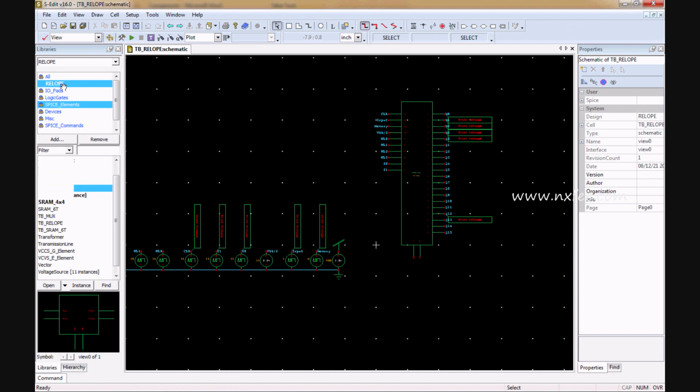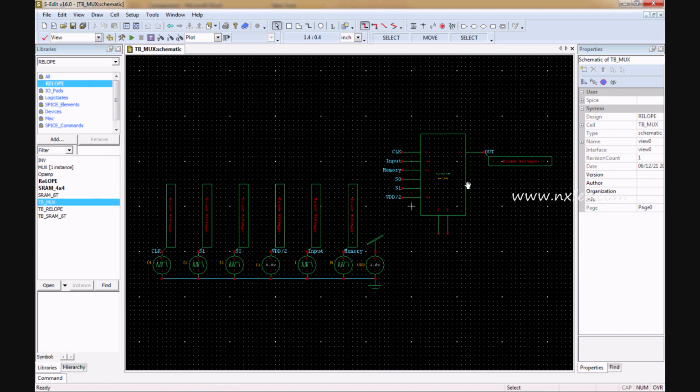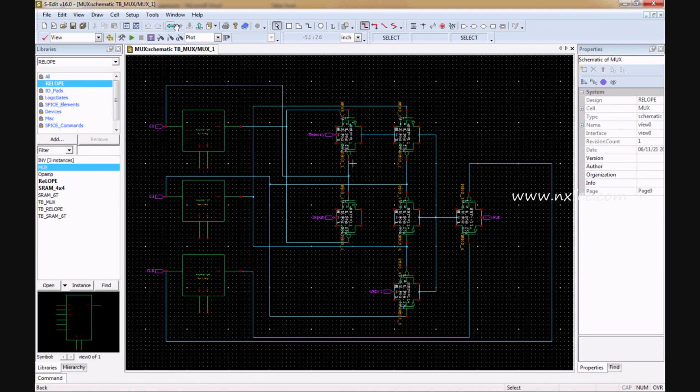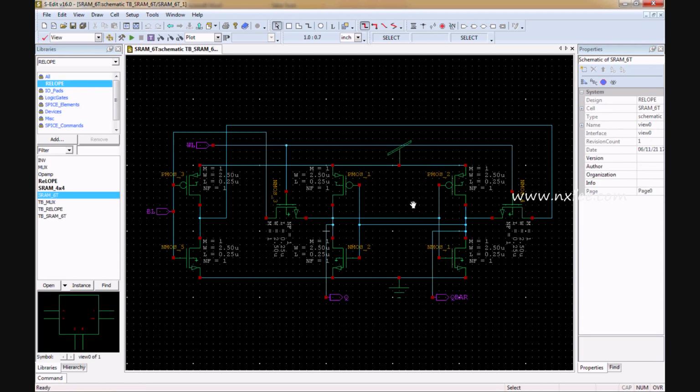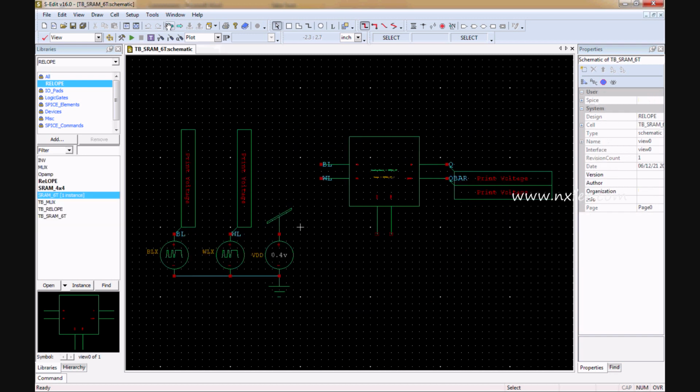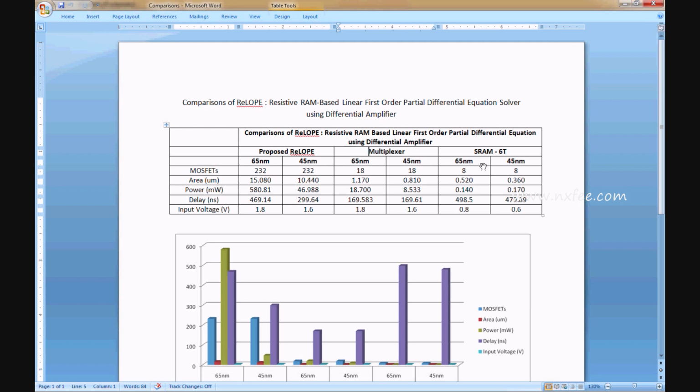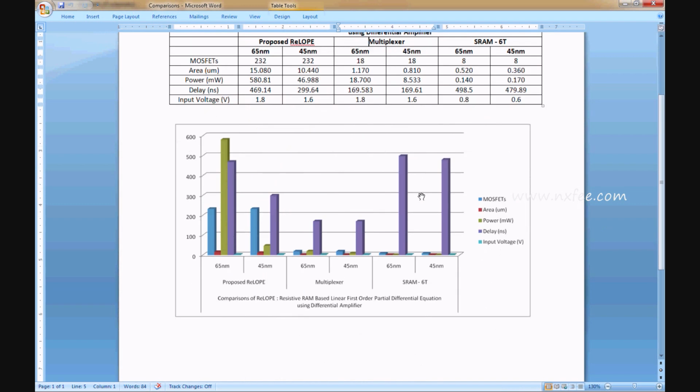Here you can verify the test bench for the multiplexer and the test bench for the SRAM, which is a 6T SRAM, 1 bit only. This is the comparison analysis chart for 65 nanometer and 45 nanometer CMOS technology.